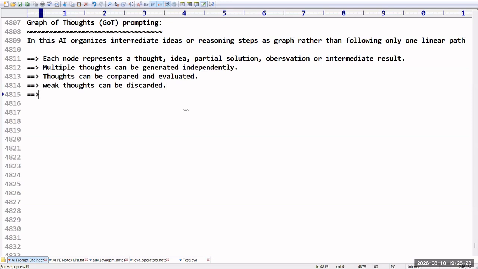So what kind of thoughts will you take? Strong thoughts can be refined, and different thoughts can be combined or merged. I have shown you this in the example diagram, right? Like that, this is nothing but how graph of thoughts is going to work.